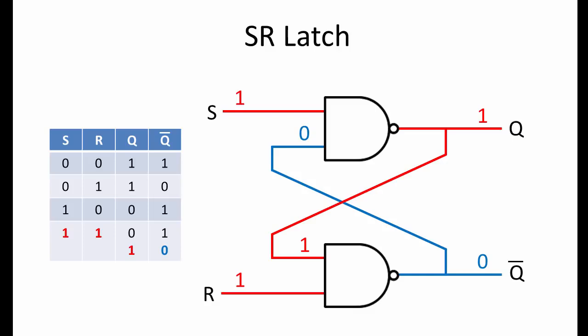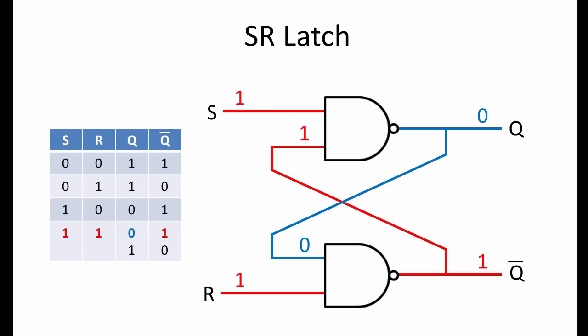When R is set low momentarily, the output at Q is changed to 0. R can then return to its normal high value, and the latch is now storing a 0 again. An SR latch built from NAND gates, like this, is more explicitly known as an active low SR latch.